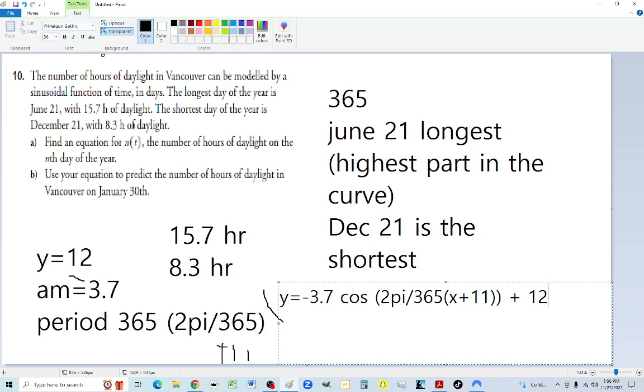This should bring the axis up to 12. This should give me the amplitude that I need. This should reflect it so the cos curve starts at the bottom. This should turn it into 365 days. And this should shift it 11 days to the left. Let's see if we got that right.